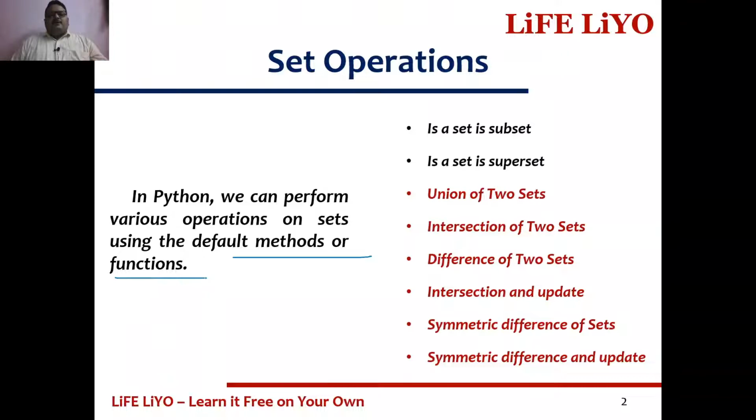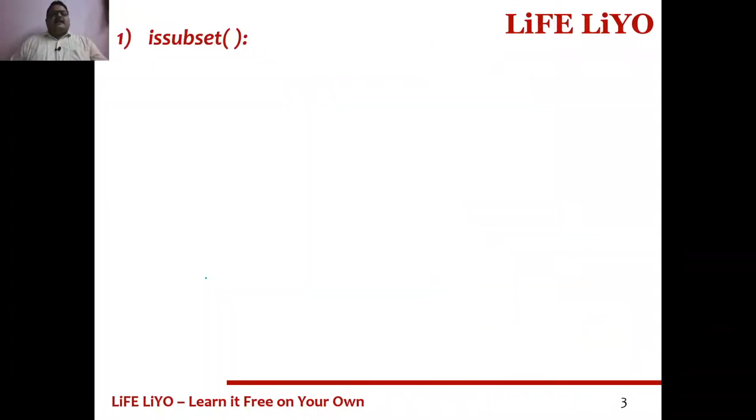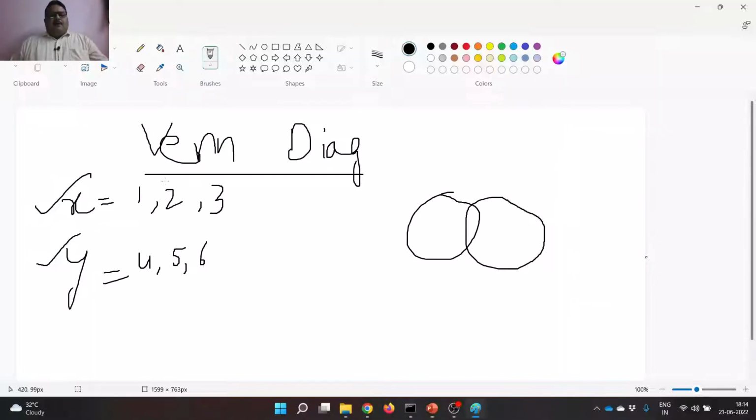First and foremost, is a set a subset or not? That can be done with the help of a method called the issubset method. This method checks whether a respective set is a subset of another set or not. For example, we have taken x and y.